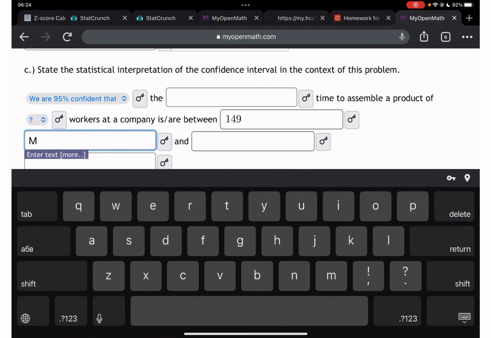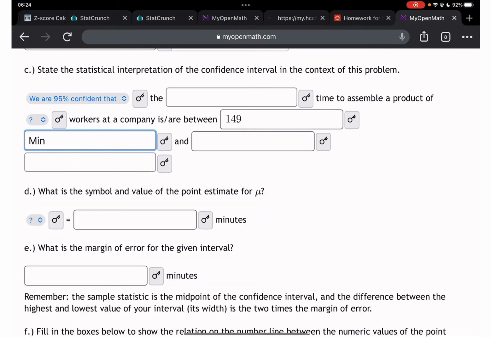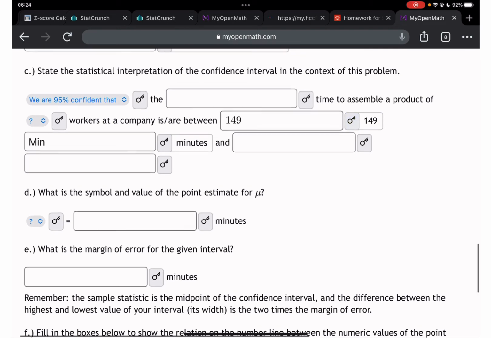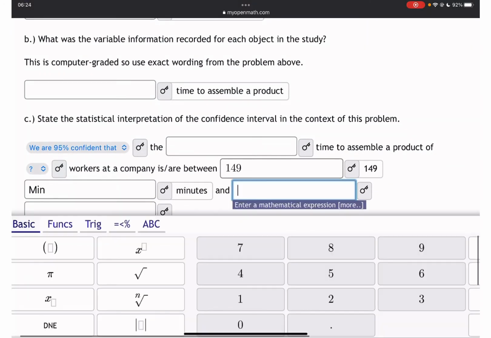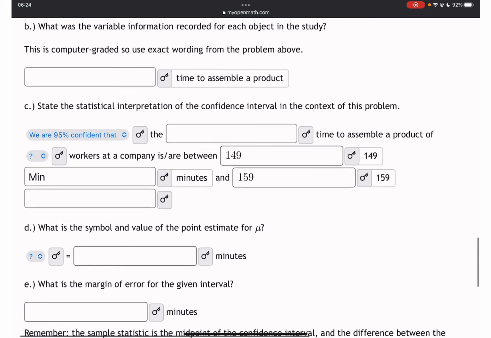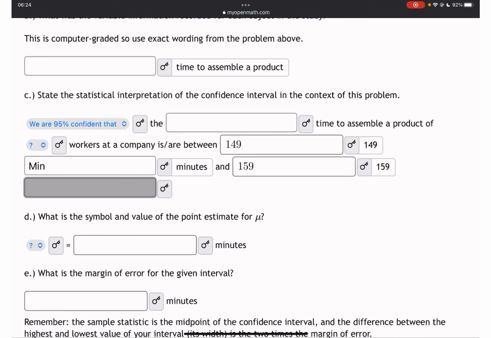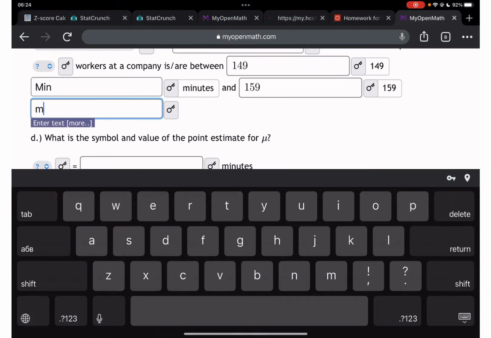I don't know if you will have the option to choose it. Let me see how it's given. Yeah, minutes. You can write down minutes. Let's check. This is 149 and 159. Correct. 159, again, it's going to be minutes.